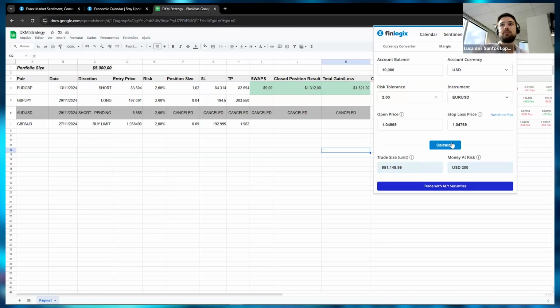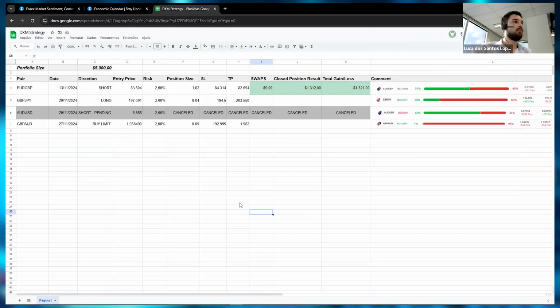And then this is what we got: 92,000, so it's pretty much one lot, 0.95 lots. All right, all good. Hopefully everyone could understand. Any questions from that, guys? No questions? Okay, that's good. All right, so let's have a look at the portfolio.